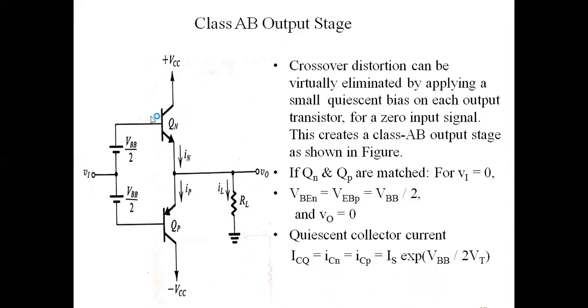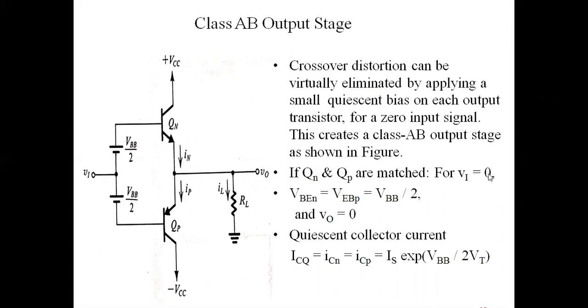The small crossover distortion, or dead band, of up to 0.5 that occurred in the class B output stage can be virtually eliminated by applying a small quiescent bias on each output transistor for zero input signal.